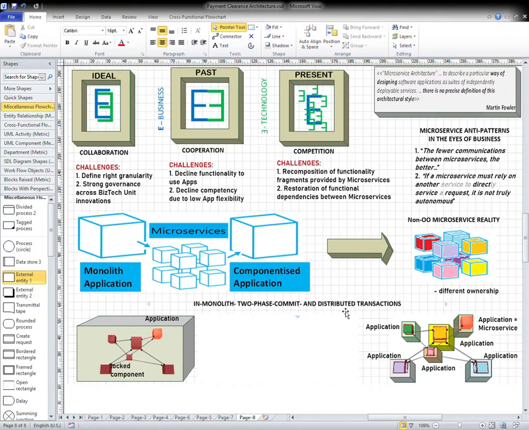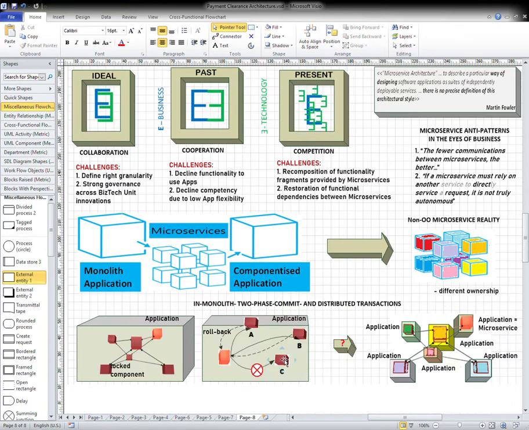Particularly, transactions are not only sequential activities. Some of them are conditional groups of activities. That is, either all of the A, B, and C functions in this example take place or none of them. The implementation of those conditional transactions is known as two-phase commit, or 2PC.